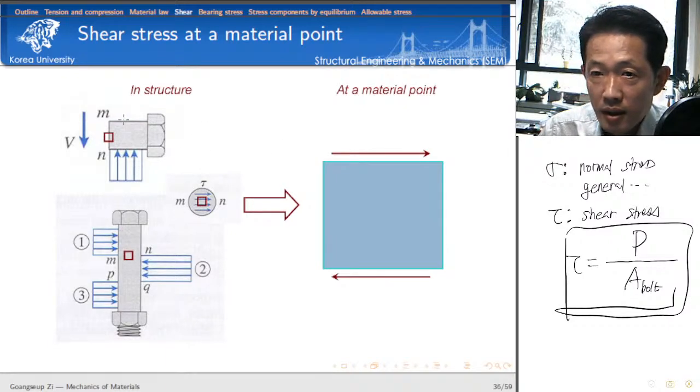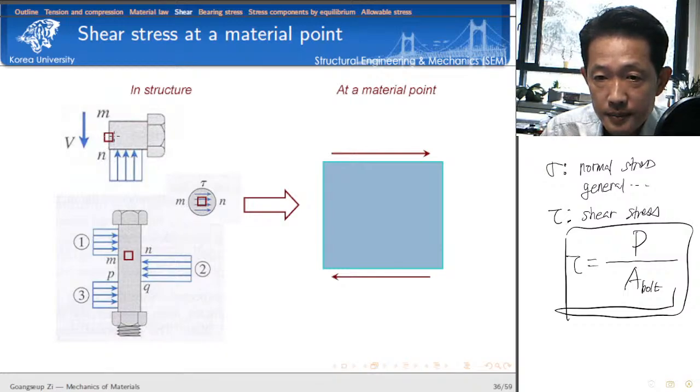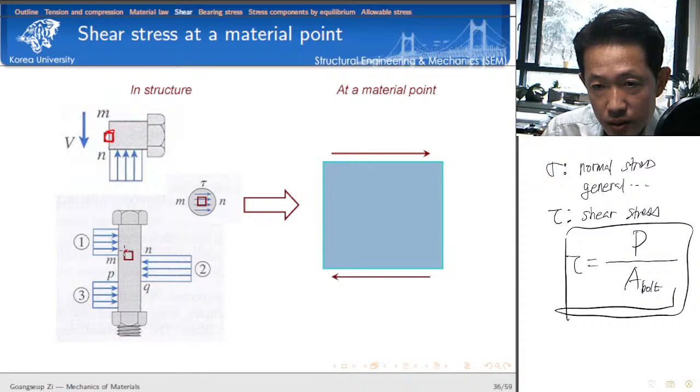So now let's take a look at the shear stress in detail. Let's imagine that we have a bolt point, and a material point here. Let's consider another condition. Here I'd like to detach a material point.